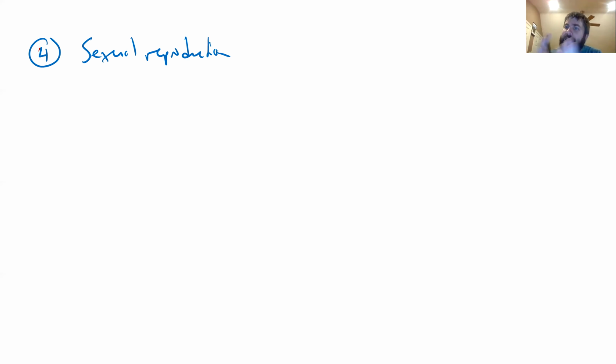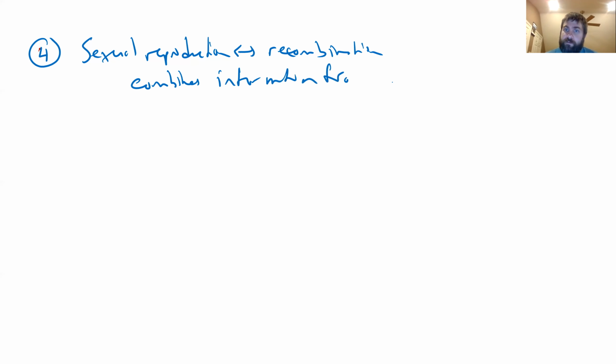We combine the effects of information from individuals at the genetic level through recombination. This combines genetic information from two parents.